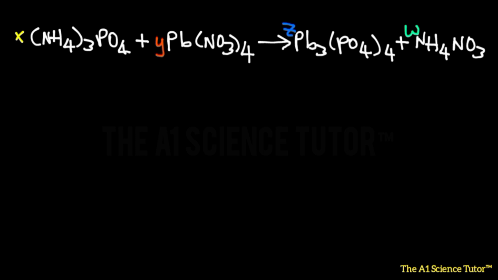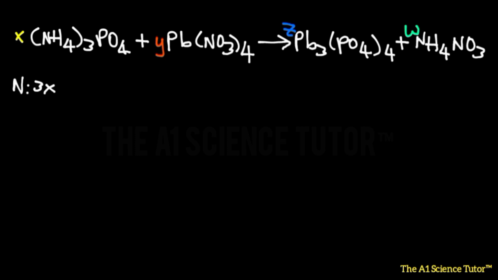Now let's start with nitrogen. For nitrogen, we got 3 atoms of nitrogen, because you have the 3 that is outside the bracket, so you have to multiply that with the nitrogen within. And that will be multiplied by x, so that's equal to 3x. And here we also have another nitrogen atom, but right now we have 4 as a subscript for the bracket.